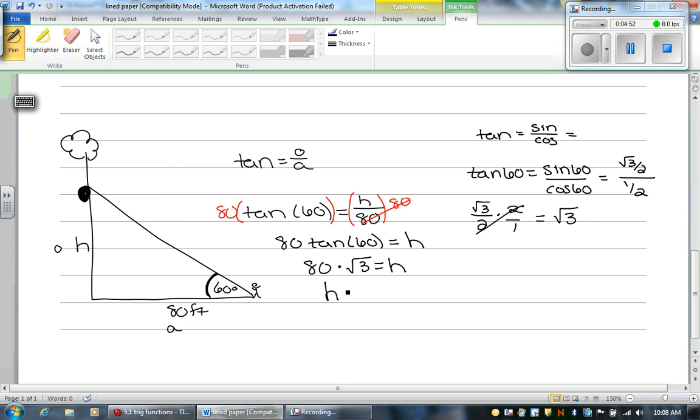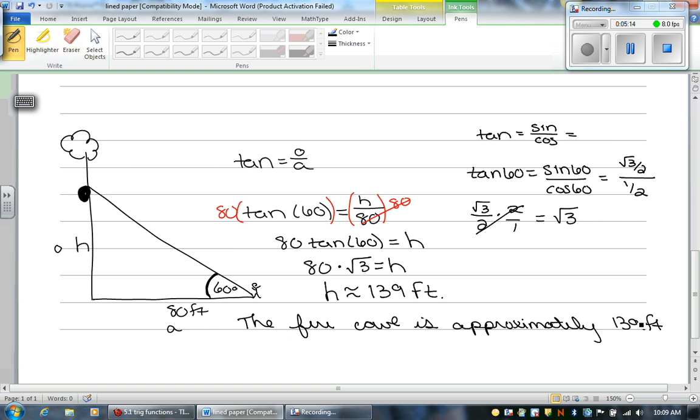That is an approximation, and you do want to make sure that you include your units. So the fire cave is approximately 139 feet high.